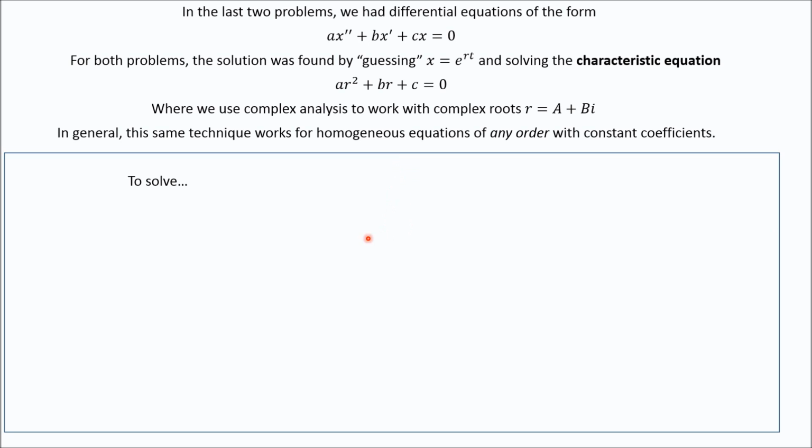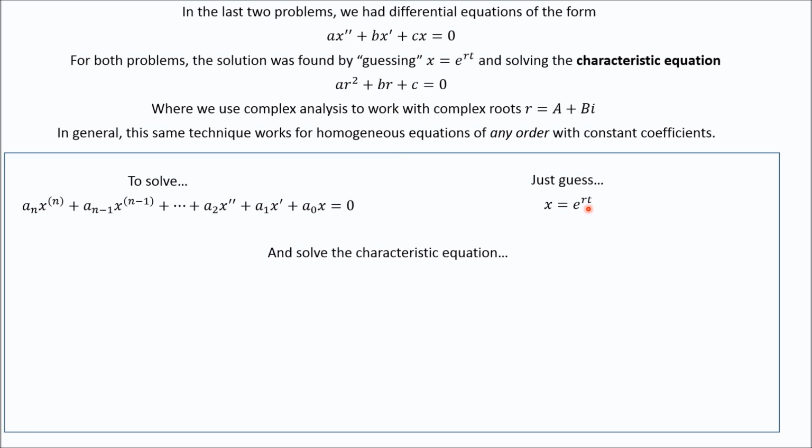If you have any nth order homogeneous ordinary differential equation with constant coefficients, where the constant coefficients have been labeled a0, a1, a2, up to an, then you can always guess that your solution is going to have the form e to the rt, and then you just have to figure out what r is by solving the associated characteristic equation.